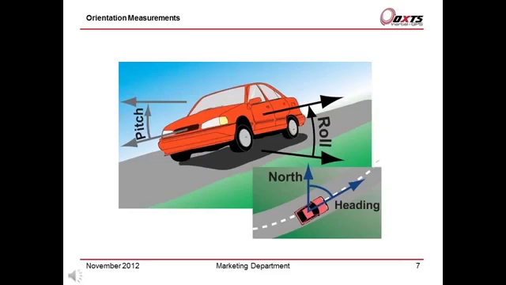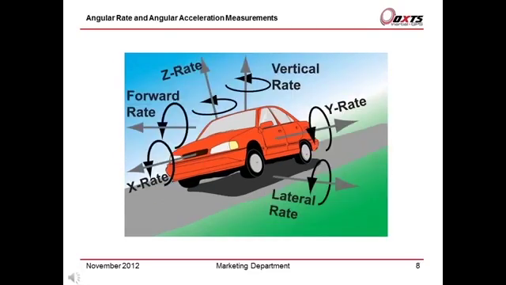Now we should look at the orientation measurements of the RT. The RT measures the heading, the pitch and the roll angle of the car. Now we should look at the angular rate and angular acceleration measurements of the RT. The angular rates and angular acceleration of the vehicle can be measured about the body axis or the level axis.